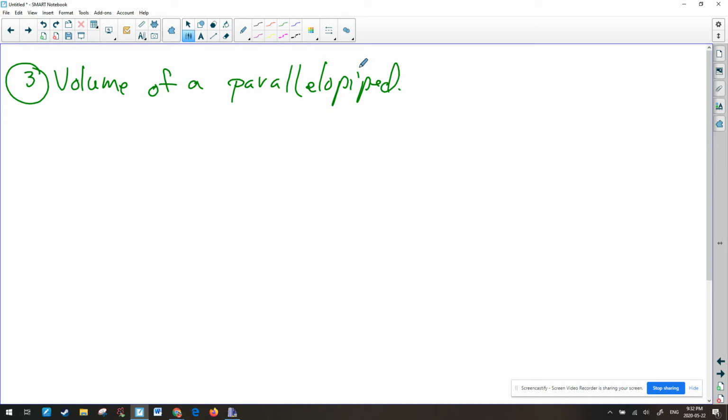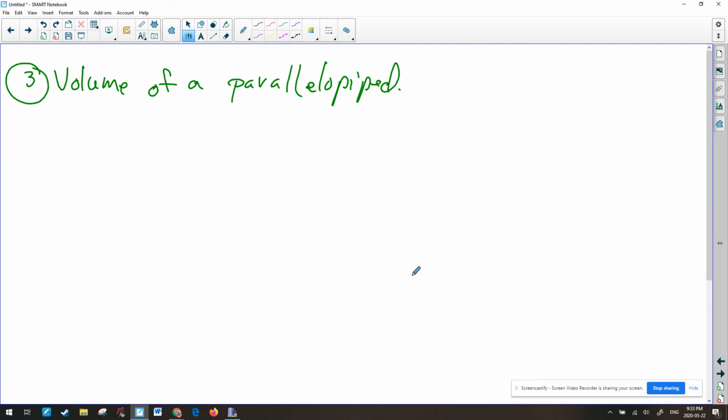So if you think about a square and then a rhombus is a tipped over square. And if we have a rectangle and then we've got a parallelogram, typically speaking, a parallelogram is a tipped over rectangle. A parallelepiped is a rectangular prism tipped over in 2 axes.